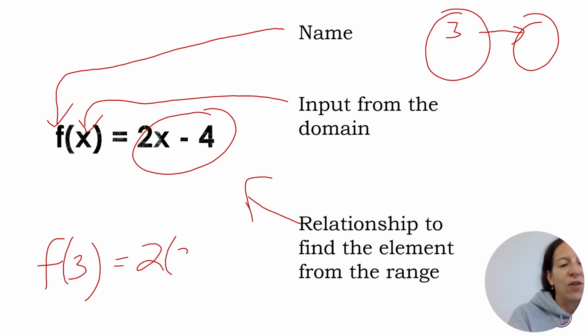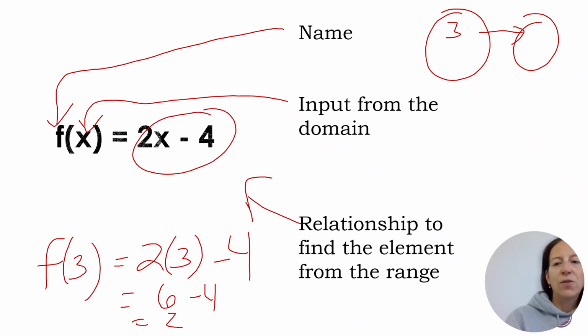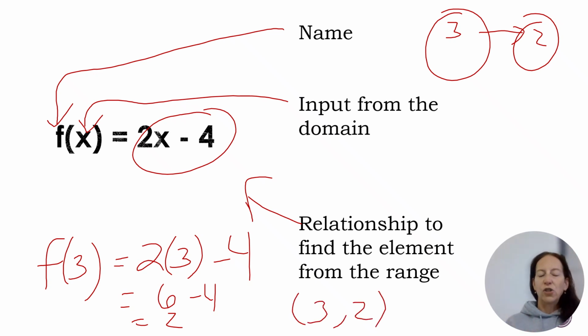So you're going to take the number from the domain, multiply it by 2, and then subtract 4. So this would be 6 minus 4, or 2. And what that tells you is you're going to map to a 2. So when your x value is a 3, your y value is a 2, and then you could go and plot it, which would in turn lead to a graph.